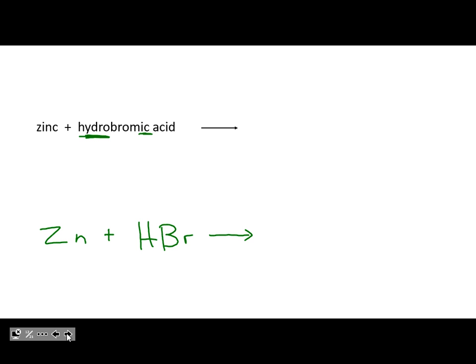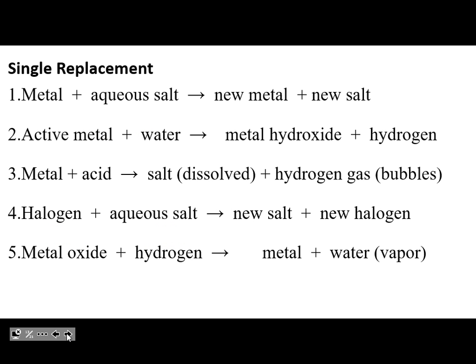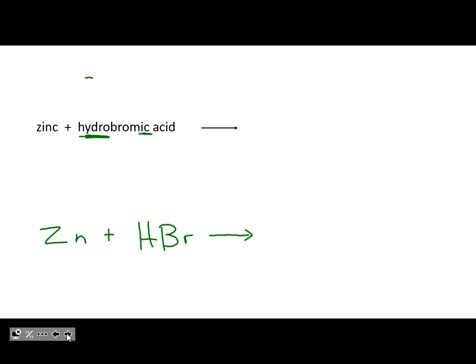Now, somewhere in my mind, I can remember that there was one of these single replacements that was dealing with an acid. And here it is, a metal and an acid. Is that what we're dealing with right now? Absolutely. So this is a single replacement number 3.